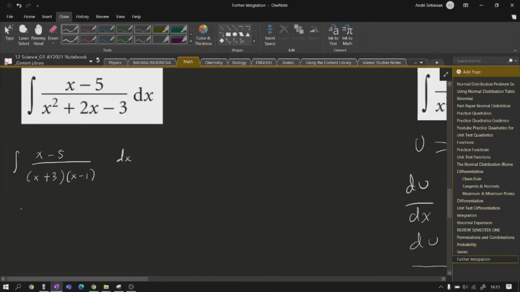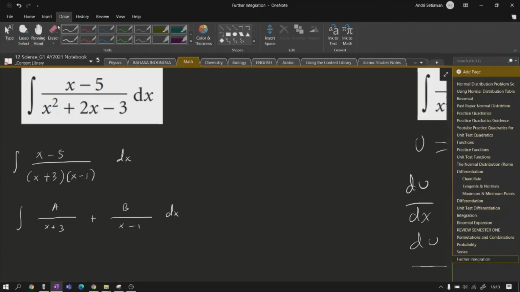After this, we can make it apart to be a over x plus 3 plus b over x minus 1, dx. The good way is we will try it in the other space, not in this one.